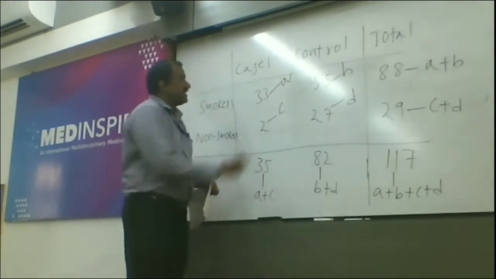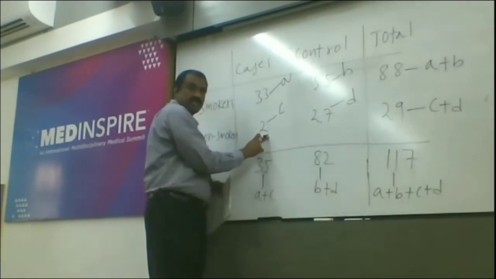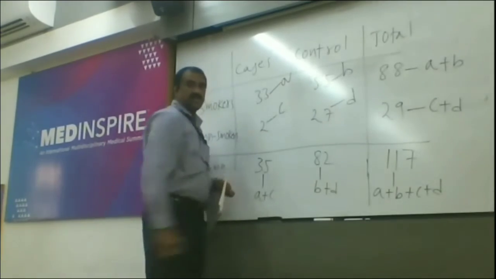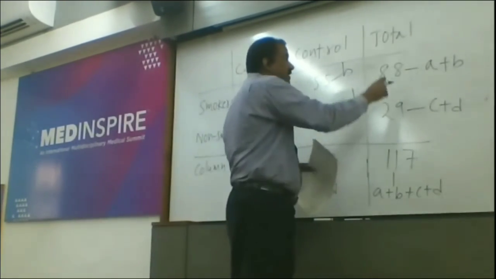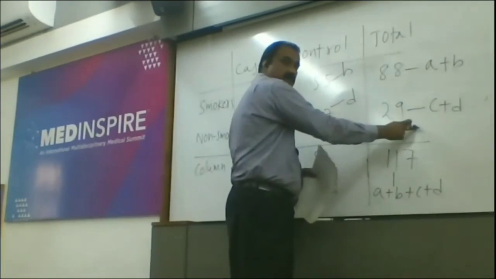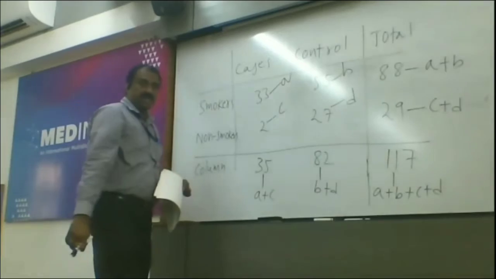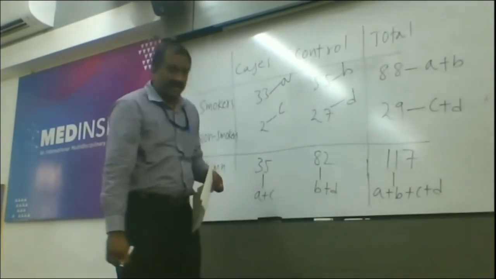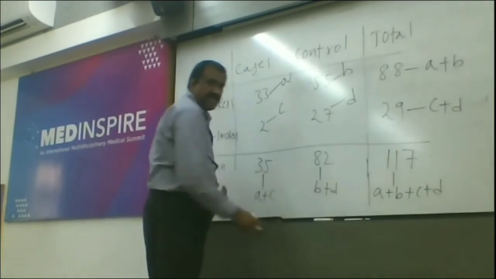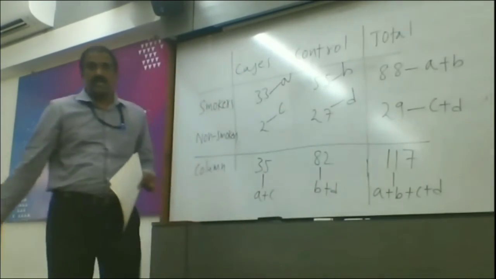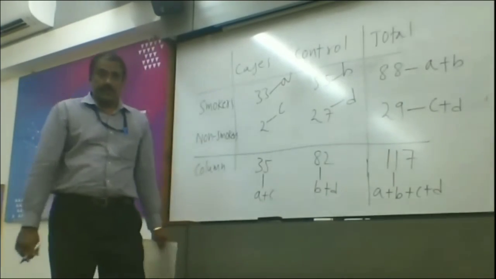Okay, and so this is in the place of A, and this is in the place of B, and this is in the place of C, and this is in the place of D. So this total is A plus B, and this is C plus D, and this is the grand total, that is N. N means A plus B plus C plus D, and this is A plus C, and this is B plus D. This is the total framework of the table which is given for you.